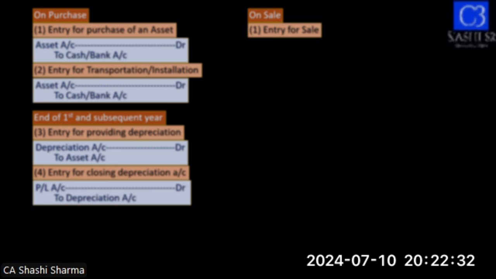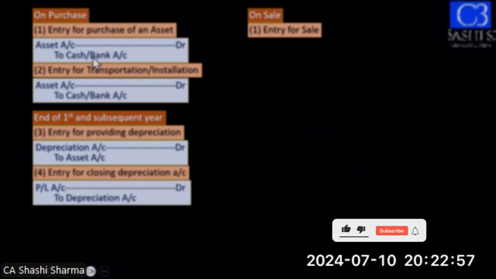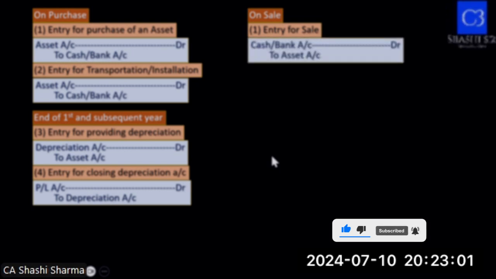After it becomes obsolete, after 3 or 4 years, we may sell this asset to someone. In that case, we have to pass an entry for the sale of that asset. The entry will be very simple. Like in the case of purchase, the asset was debited and cash and bank credited. In this case, the entry will just be reversed.